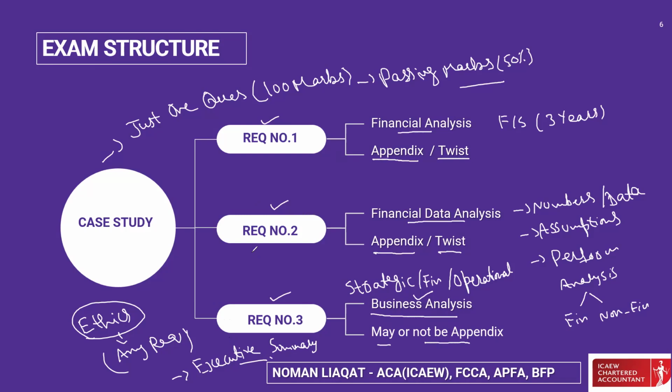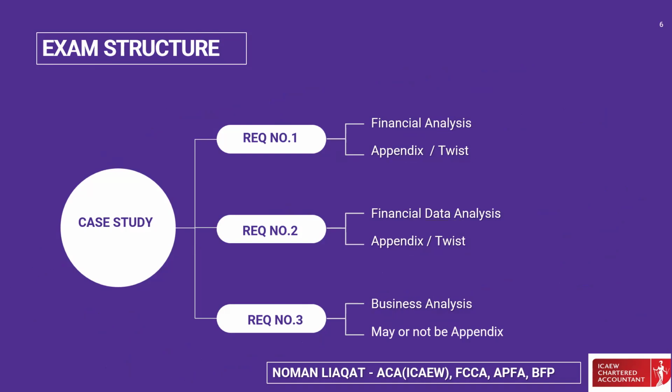So for the executive summary, we have to produce a summarized version of our analysis, whether it involves financial analysis, financial data analysis, and business analysis, including ethics as well. So the executive summary will include all of your requirements and ethics. So this is the complete structure of the ICAEW case study exam.